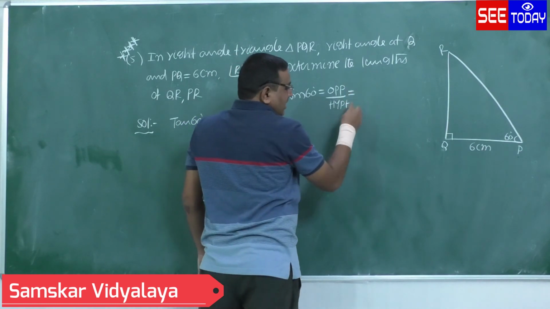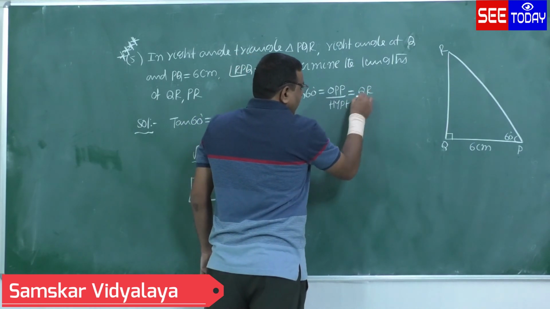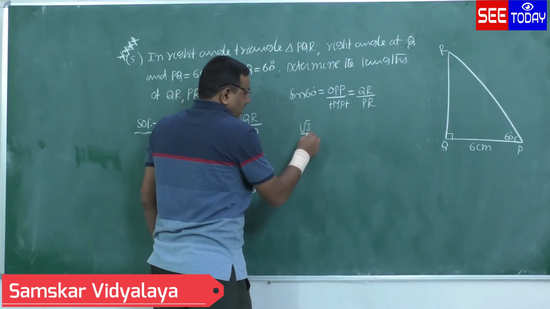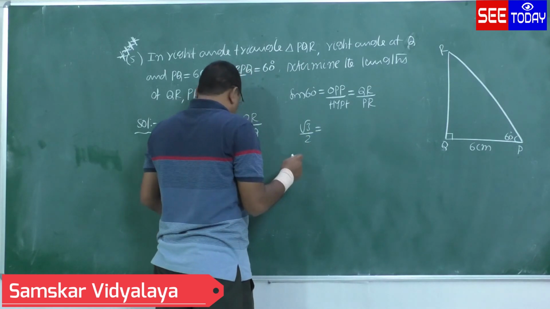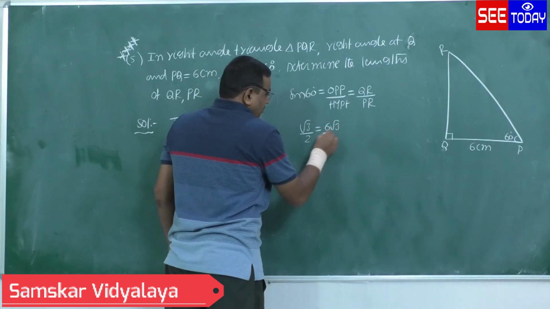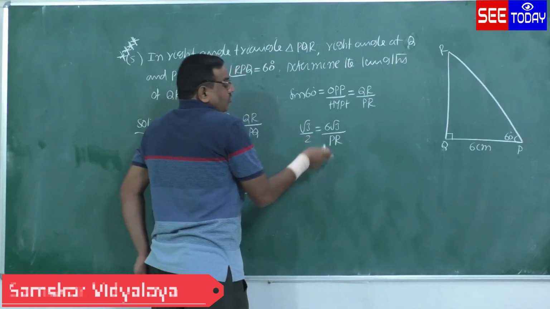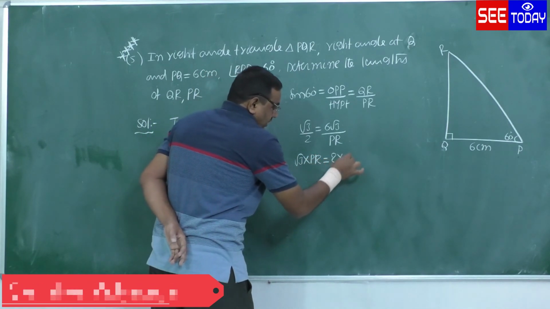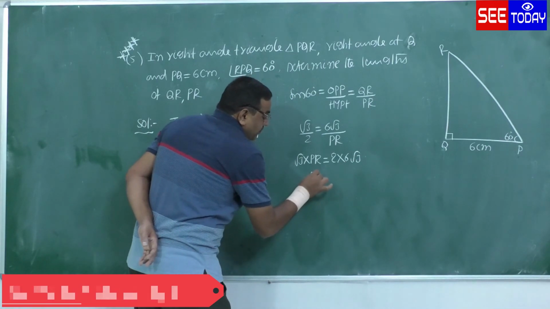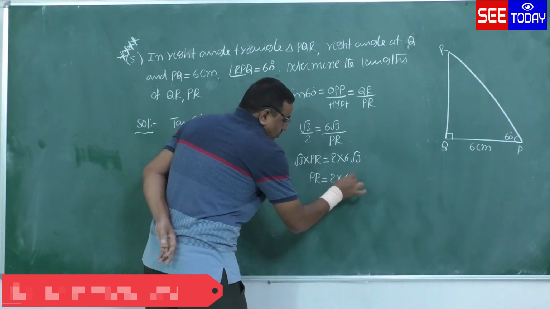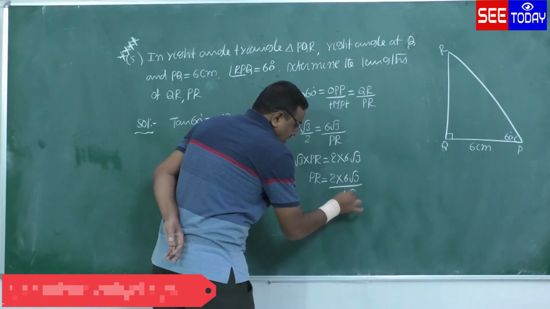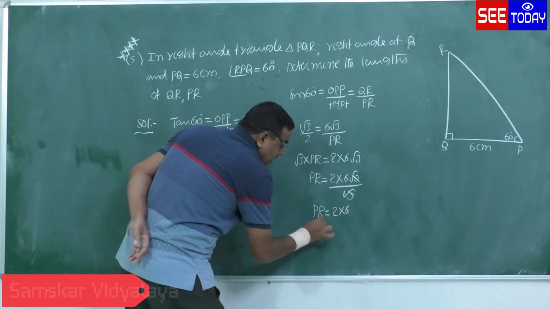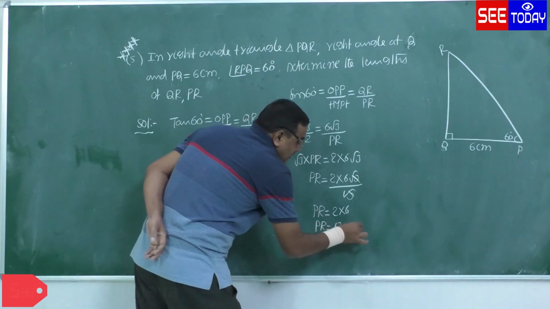The opposite side is QR, by hypotenuse PR. Sin 60, root 3 by 2, is equal to 6 root 3 by PR. Now do cross multiplication. Root 3 into PR is equal to 2 into 6 root 3. Now PR is equal to 2 into 6 root 3 by root 3. Root 3 cancels. PR is equal to 2 into 6, that is PR is equal to 12 centimeters.